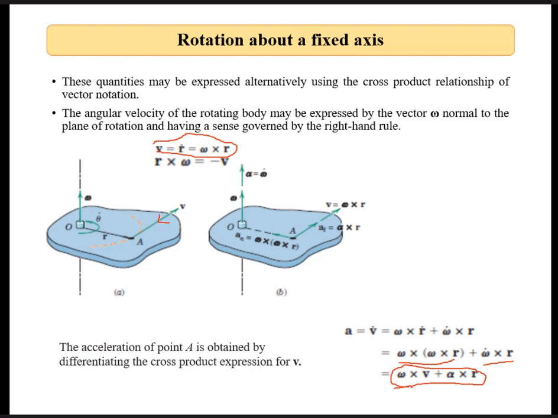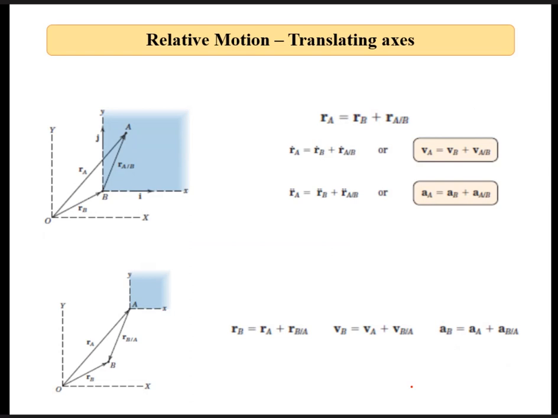Now, in case of particle motion, say X and Y are your coordinates, and you have translating coordinates, small x and small y. Say you have a particle B in space and a particle A in space. We are only talking about translating axes, only translation.